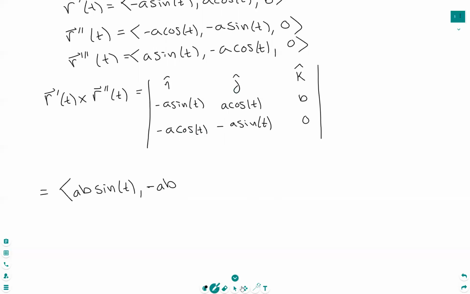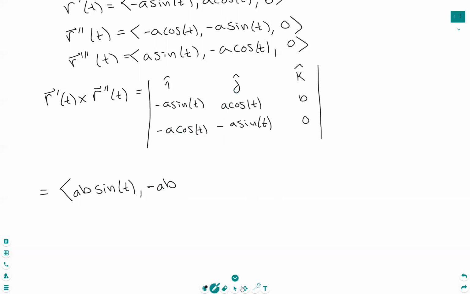And then finally, for the z component, we're looking at the determinant of this block here. So I have an a squared sine squared t plus this a squared cosine squared of t.